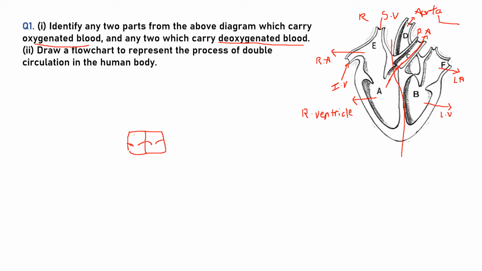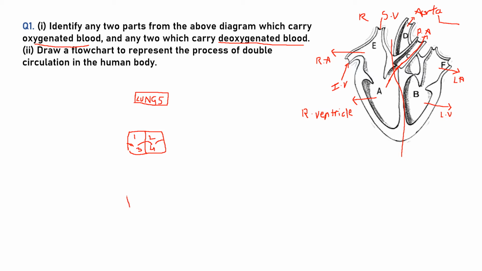So let me make 1, 2, 3 and 4. Let me draw the 4 chambers of the heart, right? Okay, now the lungs are here. Lungs here, and down below I will make the body.